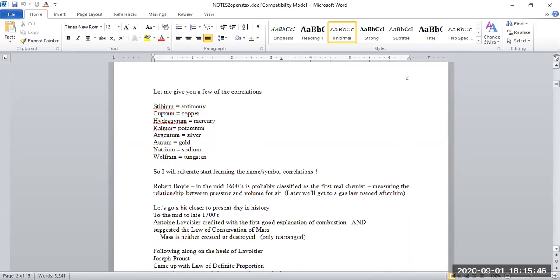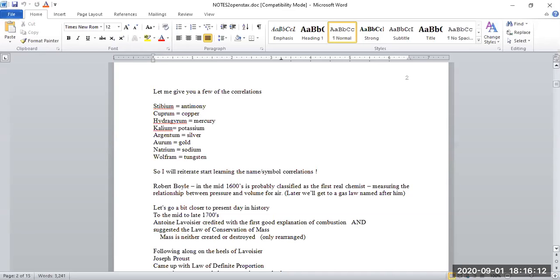Stibium. Okay, that's the Latin name. We don't call it that anymore. We call it antimony. But if you look up antimony on the periodic table, we kept a little snip of that Latin history because antimony has a symbol of Sb. Cuprum.